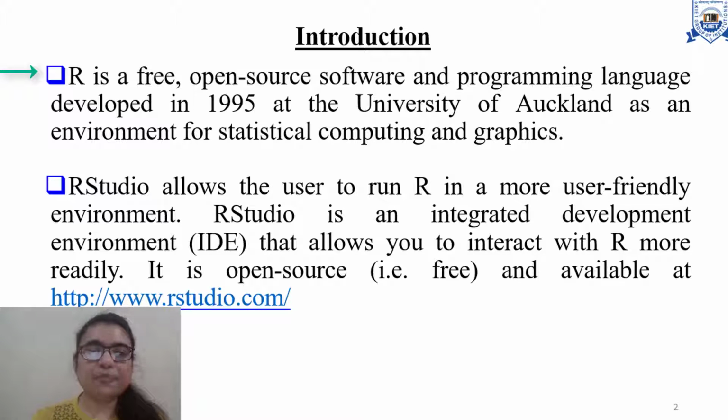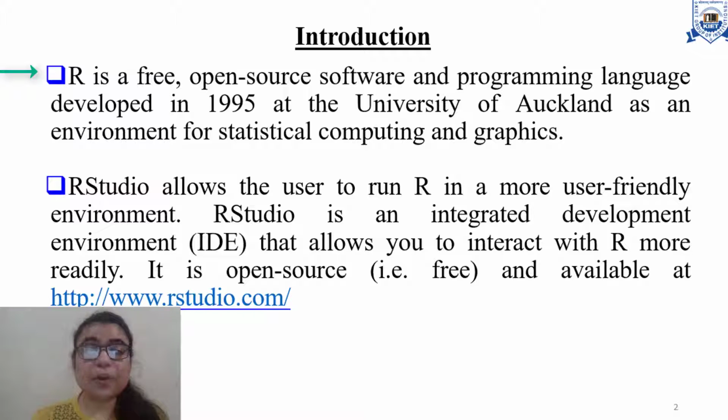R is basically a free open source software and a programming language which was developed in 1995 for statistical computing and graphics. R has become one of the most dominant software environments for data analysis and is used by a variety of scientific disciplines.